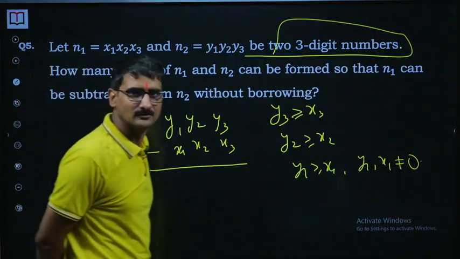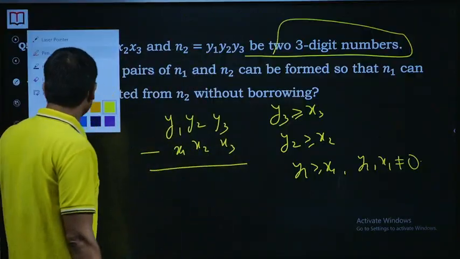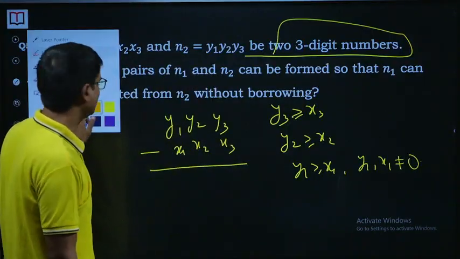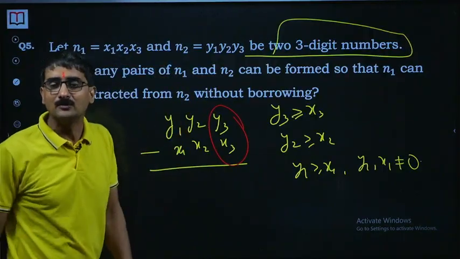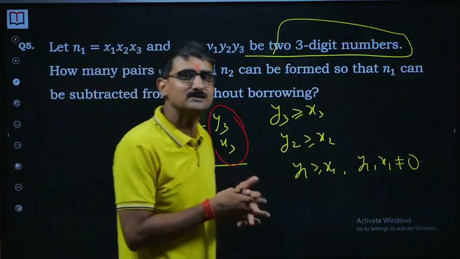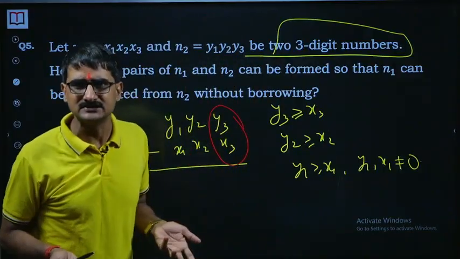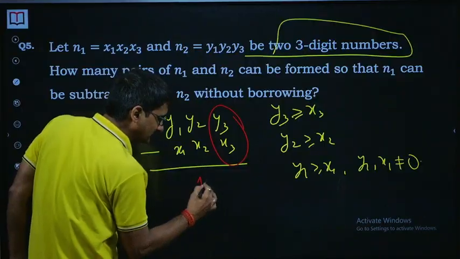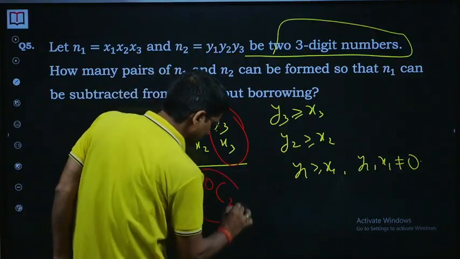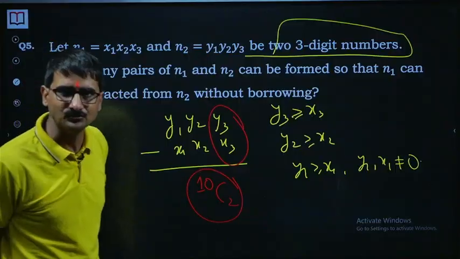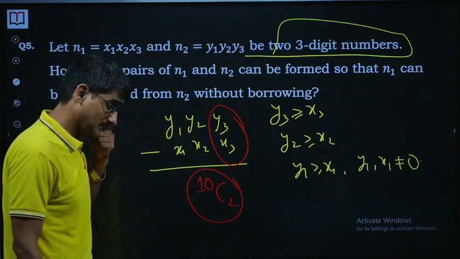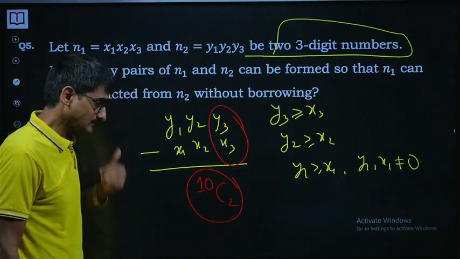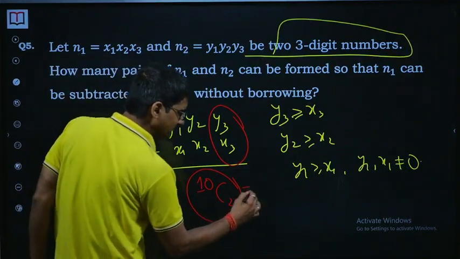Without borrowing. Now see, the point is in how many ways we can select. See, it's a simple thing. These are 2 digits, not numbers, and there are 10 digits. So just select 2 out of 10. How many ways is it? 55.